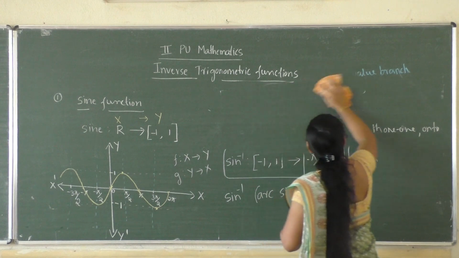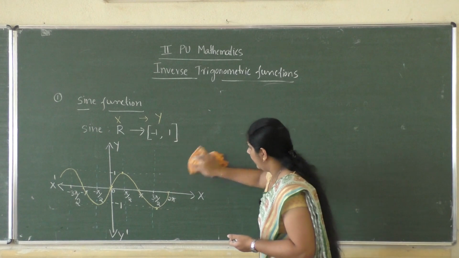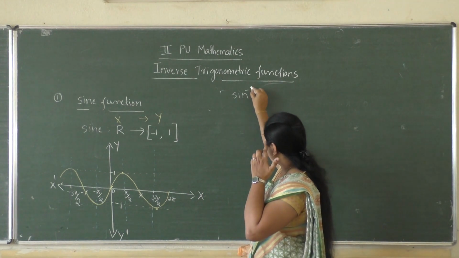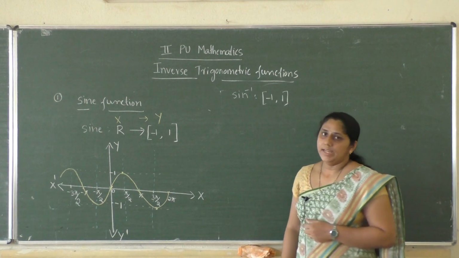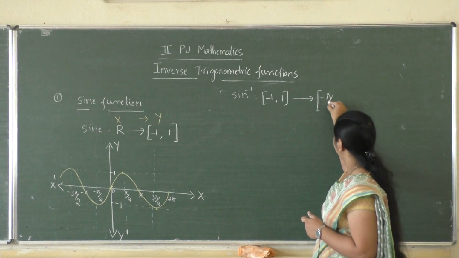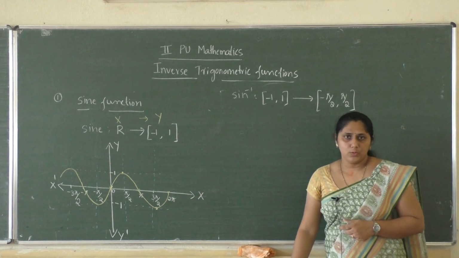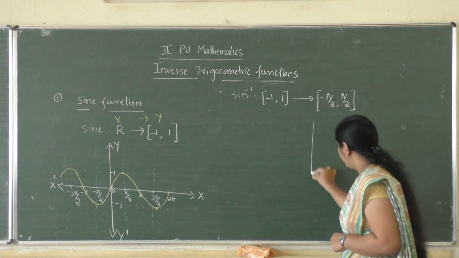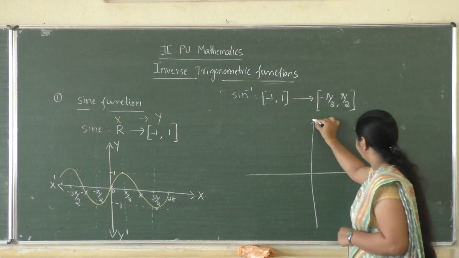Now we will do the graph of sine inverse function. What is the domain? Domain is closed interval -1 to 1, and the range is closed interval minus pi by 2 to pi by 2. Now we have to draw the graph.